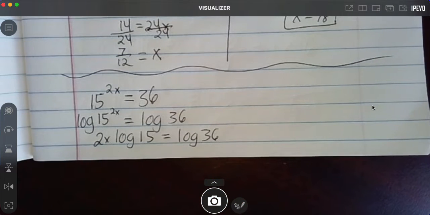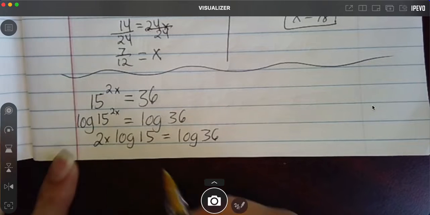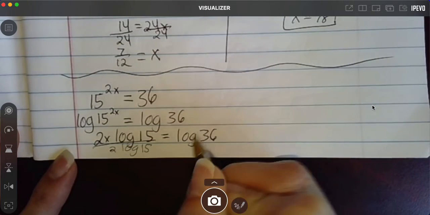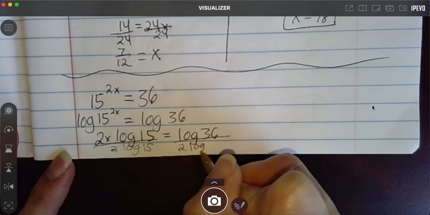I only have one big thing left to move to get the x by itself. What all's over there with the x? 2 log 15. So I'll divide by the 2 log of 15 over here.